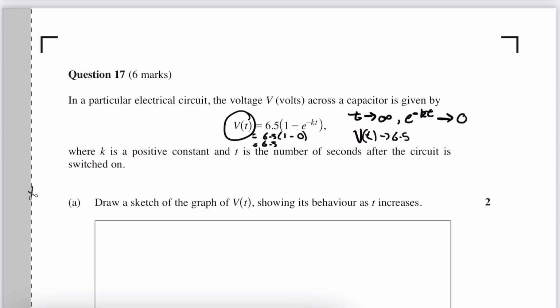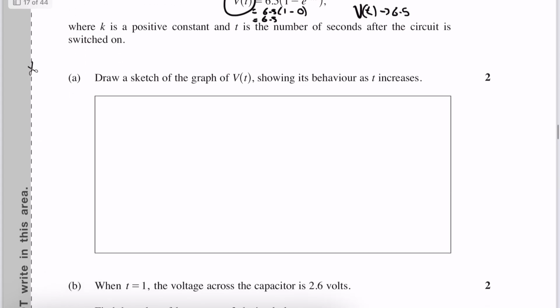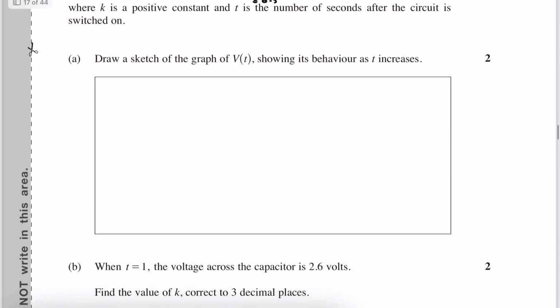Okay, so as t gets really, really, really large, the y value of the graph is approaching 6.5. So if we draw the sketch, we need to make sure we label our axes. So that's V and that's t.